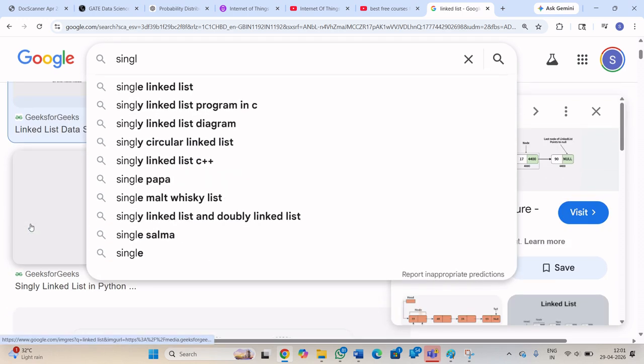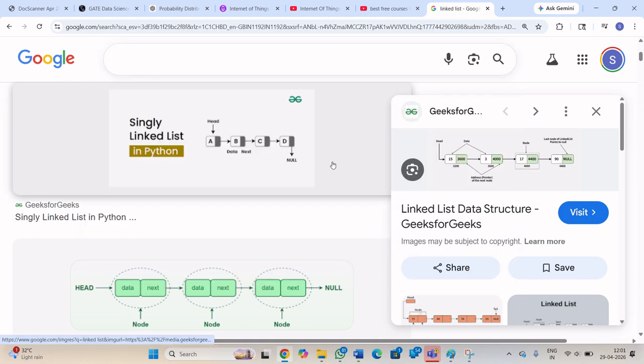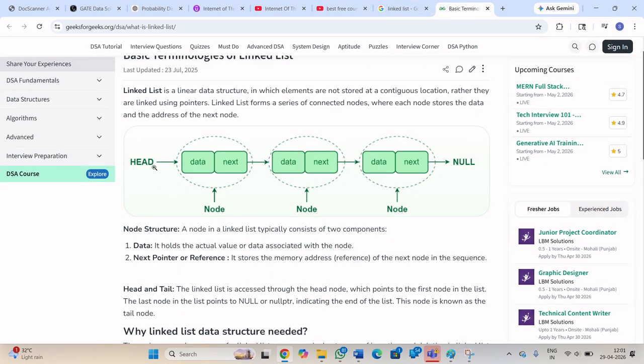So we have shown you the single linked list, no? You can see here. Okay, that's the single linked list. We have a head.